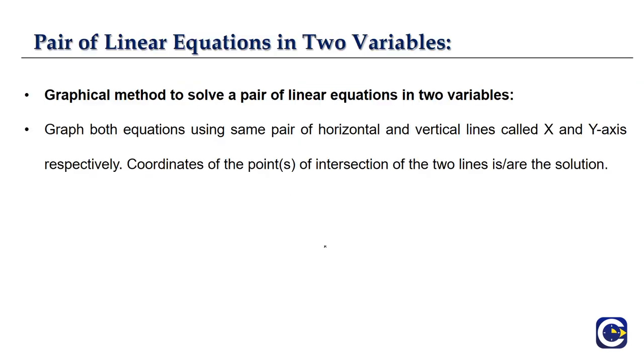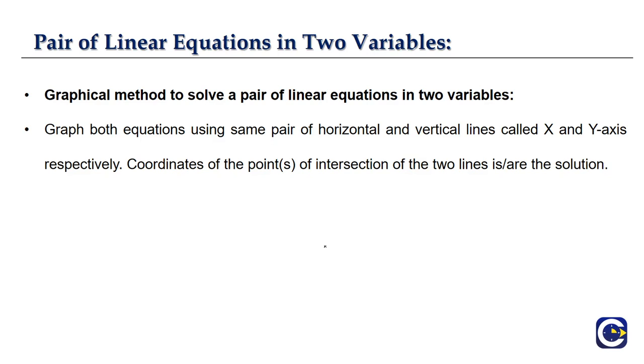So the first way of solving this pair of linear equations is the graphical method, the graphical method to solve a pair of linear equations in two variables. This is our first and foremost method. You know how to plot a graph, right? You have a basic idea.